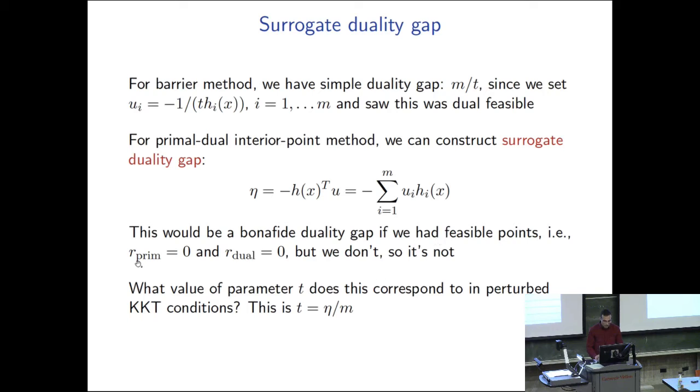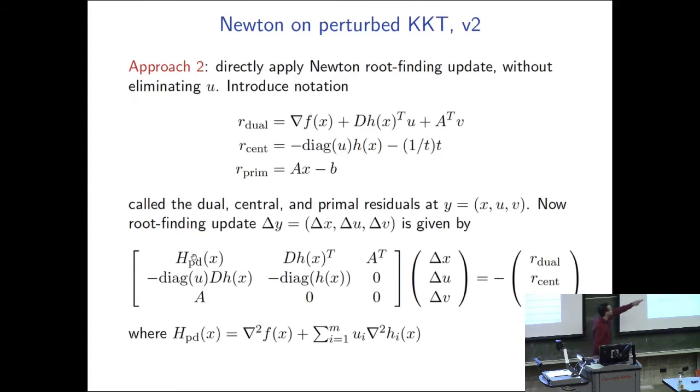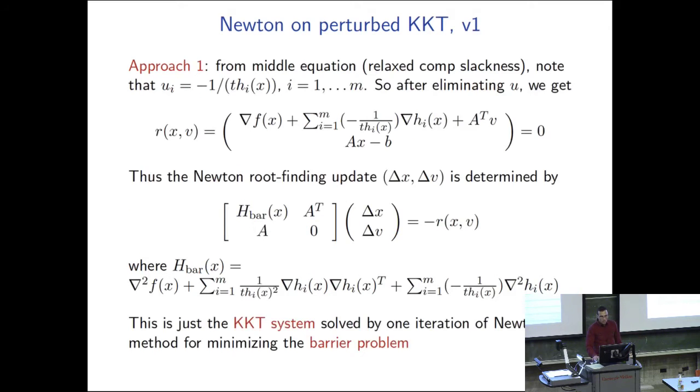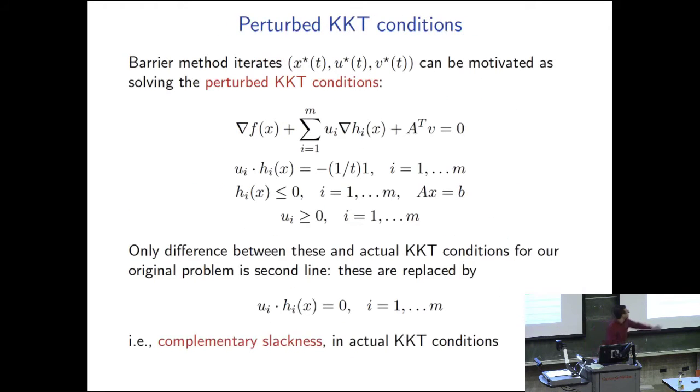Feasible points means that the primal residual is 0. So I actually have something that satisfies the primal equality constraints, Ax equals b. I said this in passing just to remind you, we are always going to keep h_i and u_i to have the proper signs.